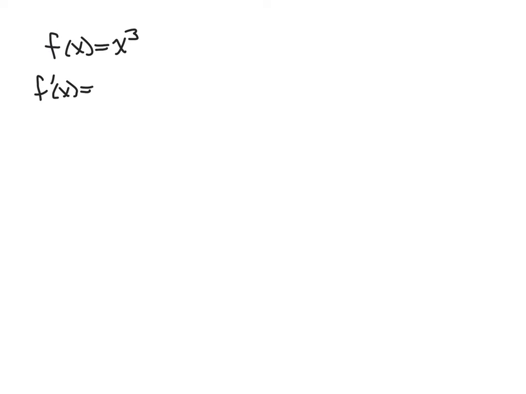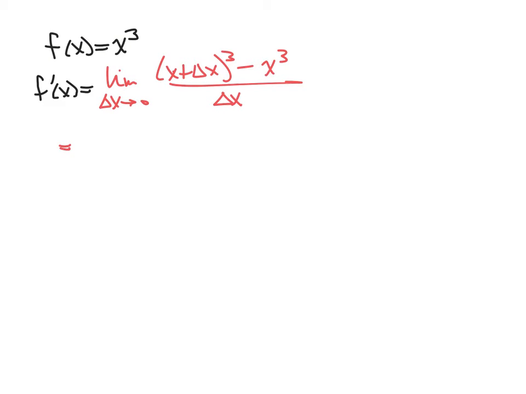When we're talking about f of x being x to the third, if I want to find the derivative of that, we're going to go with the limit as delta x approaches 0. First we'll substitute in there x plus delta x to the third minus x to the third all over delta x. Now, be very explicit as you go through your work.